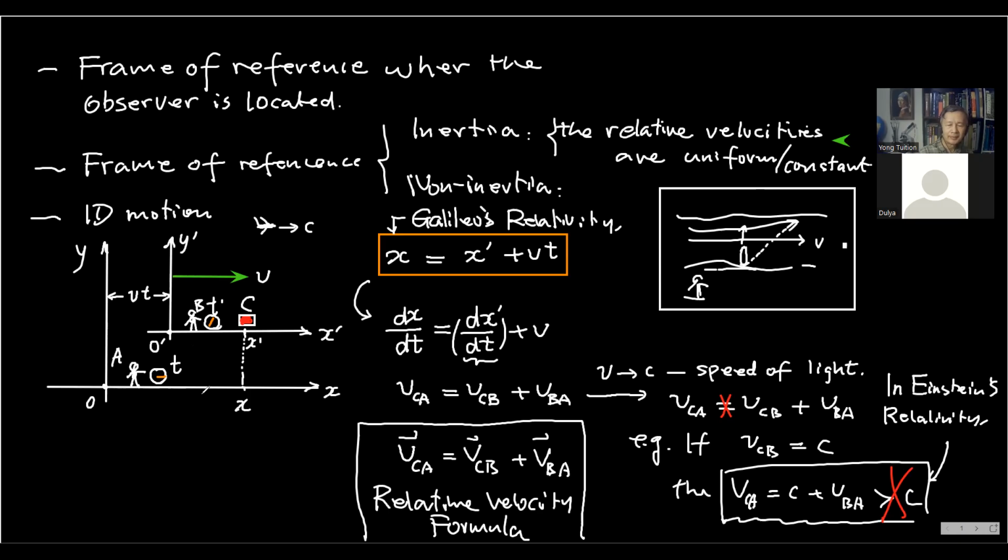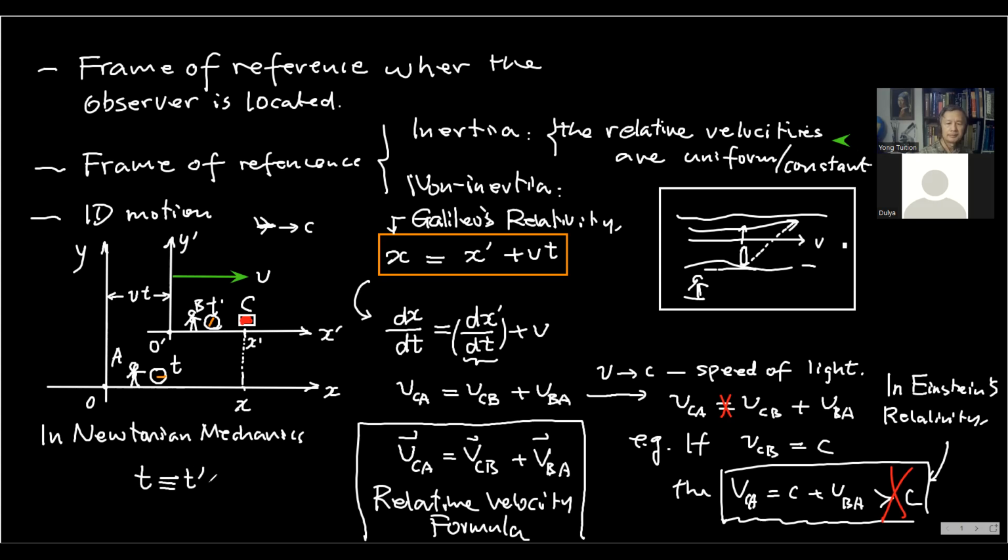Now in Galileo physics, we take it for granted that in Newtonian mechanics or classical physics, T is always equal to T prime.